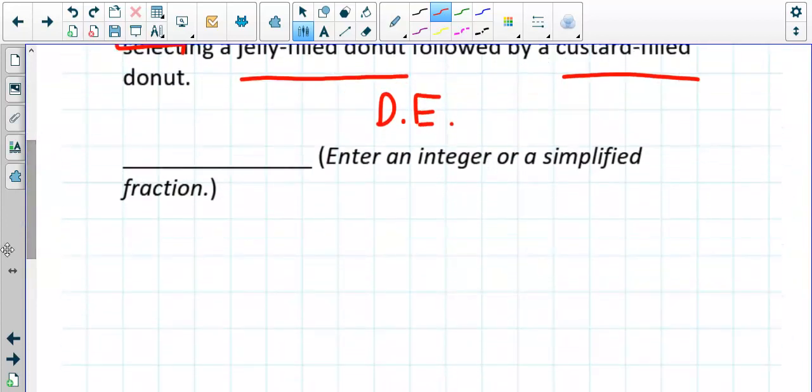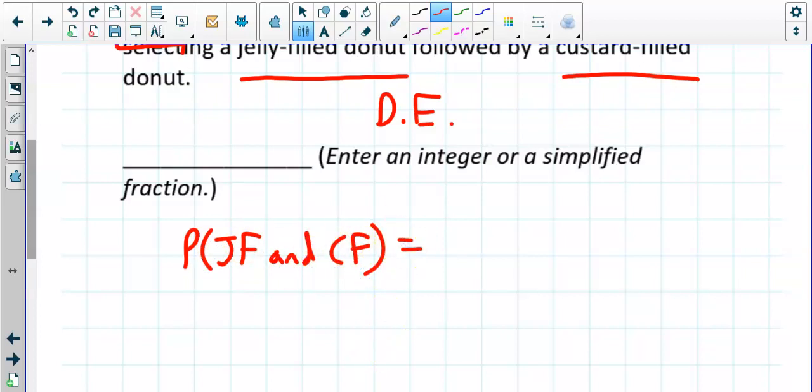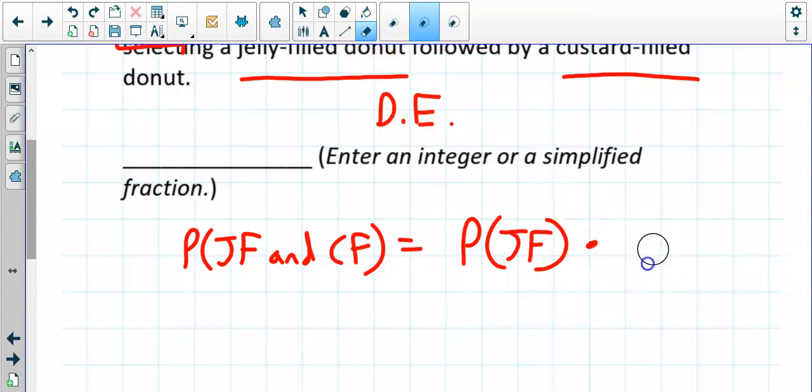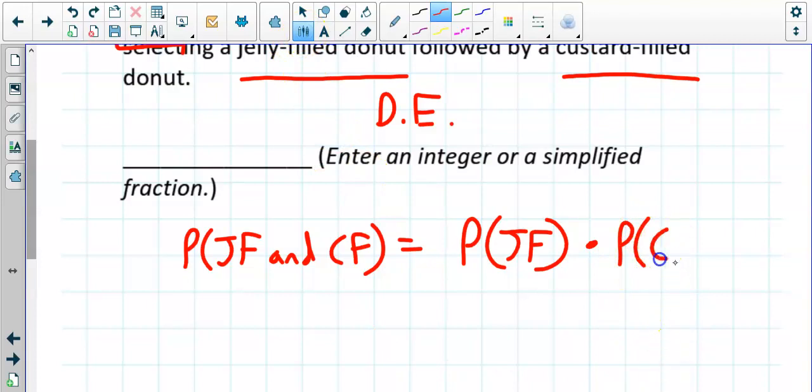So in this case, since we want to find the probability of jelly filled and then custard filled, here's what's going to happen. We're going to find the probability of the jelly filled first, and then we're going to multiply that by the probability of the custard filled, given that I just ate the jelly filled.